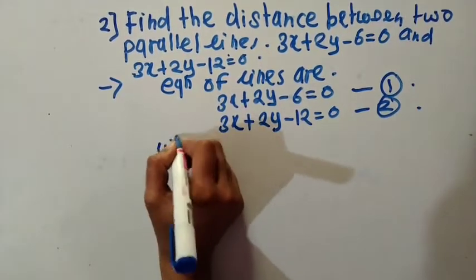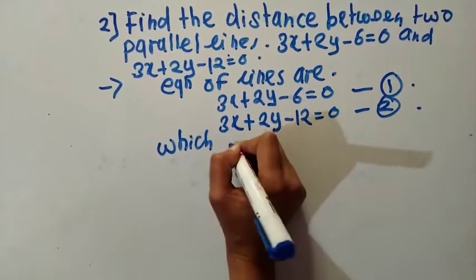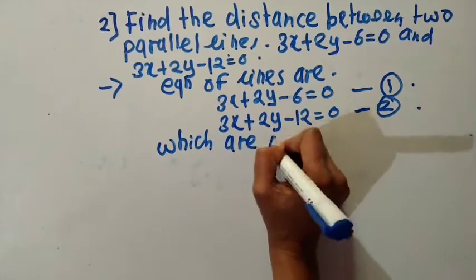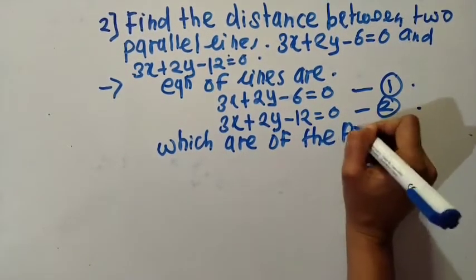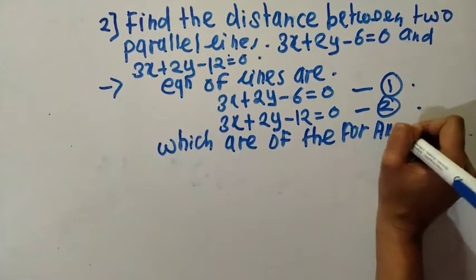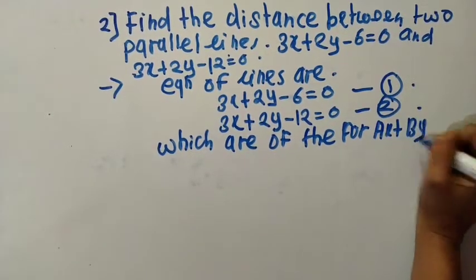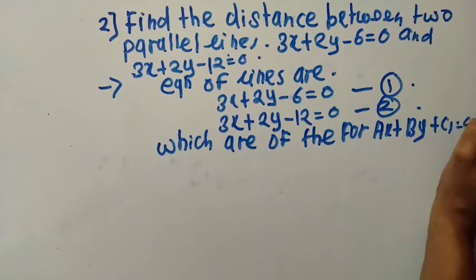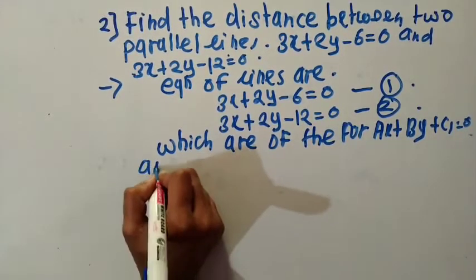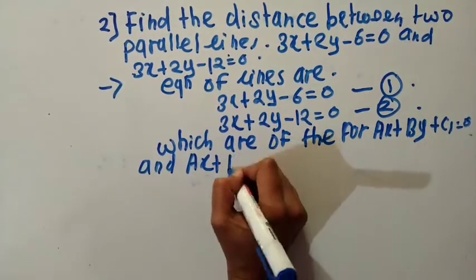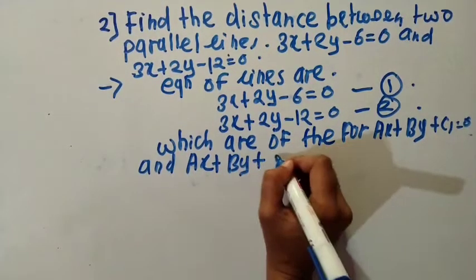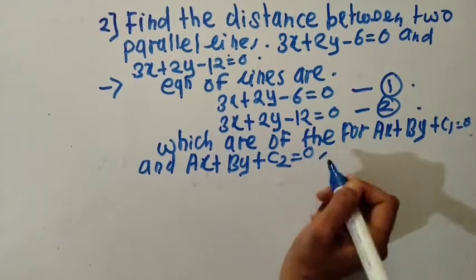Which are of the form ax + by + c1 = 0 and ax + by + c2 = 0.